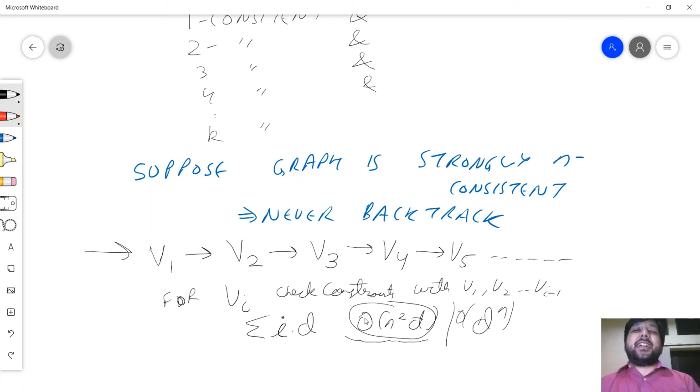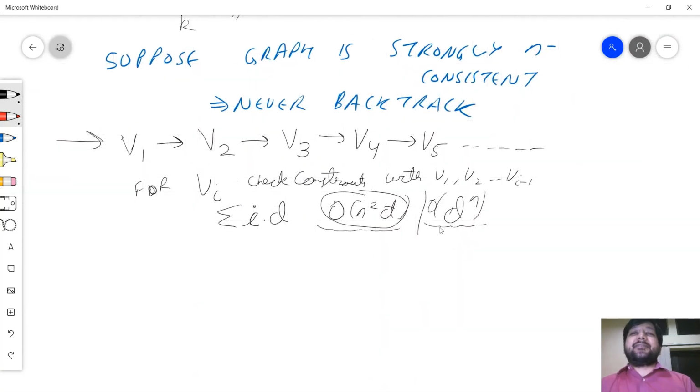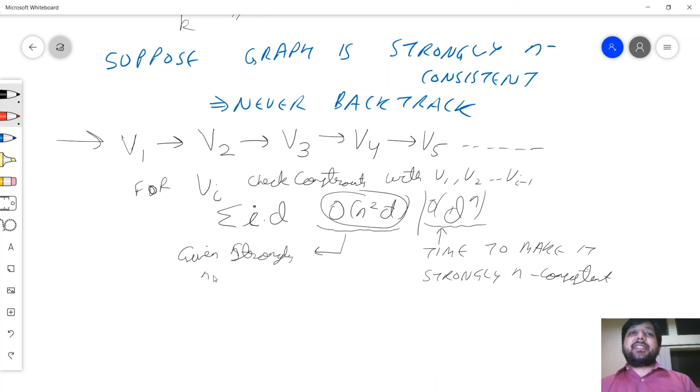How much time do you require to solve it? And this is the time to make it strongly consistent. And you see that this is where the lacuna is. This is basically given that my graph is strongly consistent, the time to get a solution.